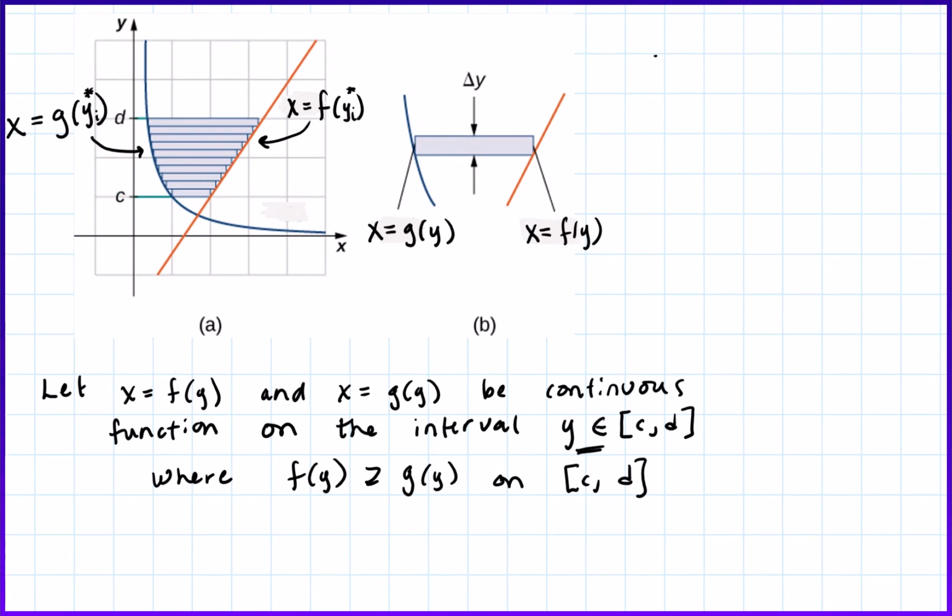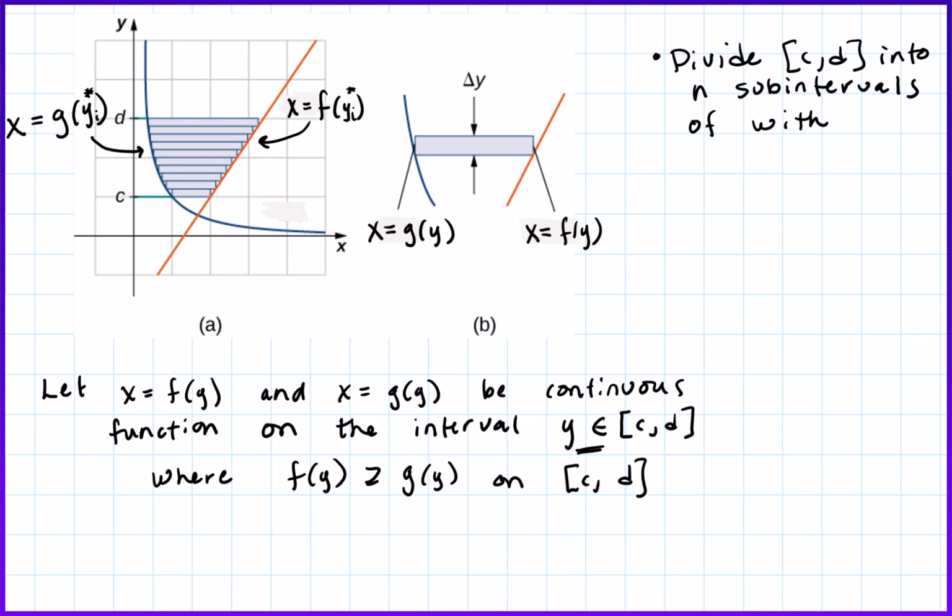So let's think about it. We're going to divide the interval. We're just simply going to divide c to d into n subintervals of width. This time, our width is going to be a delta y. Delta y is going to be d minus c over n.